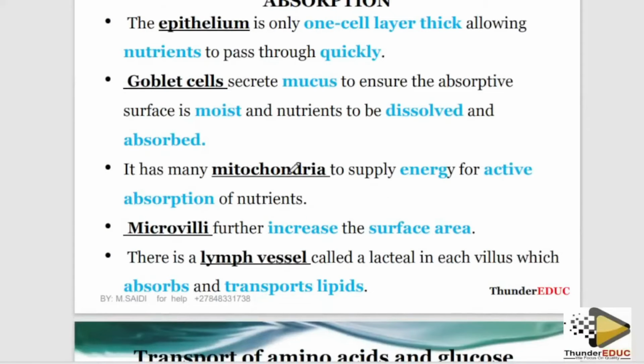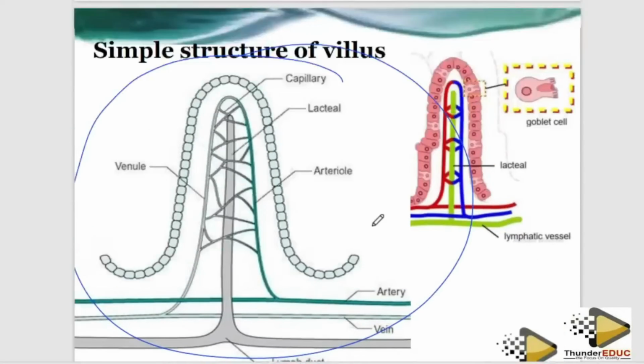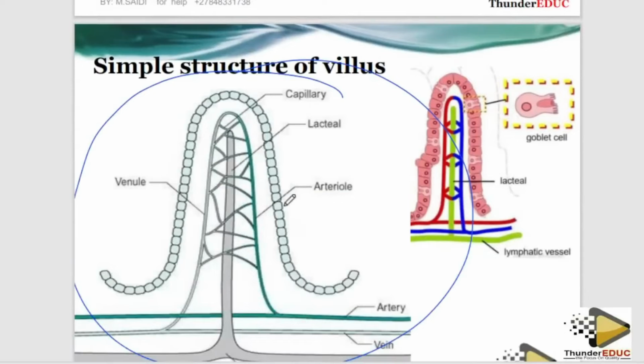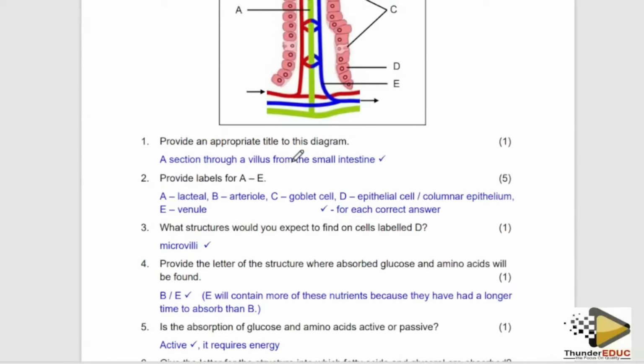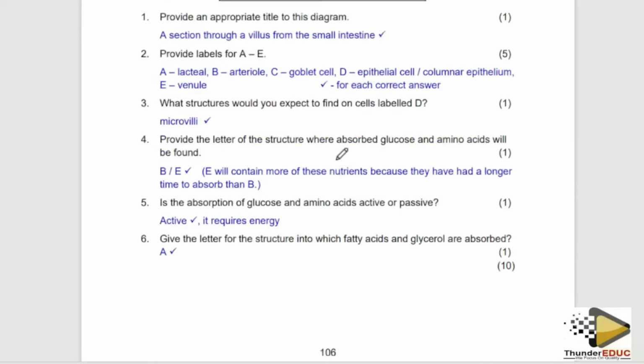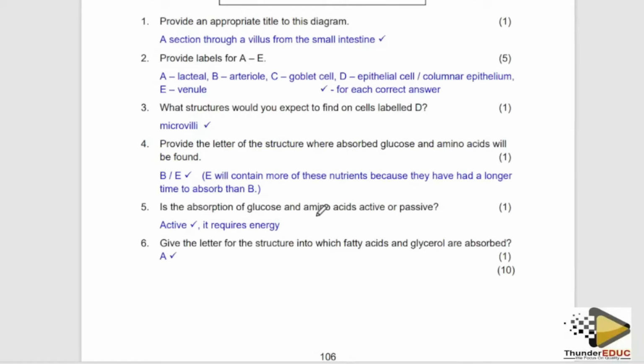Mitochondria: energy for what? Active absorption. Microvilli for what? Increase the surface area. Lymph for what? Transport lipids. Whenever we ask you, you can't just bring a diagram and then go to this question. Let me see if they didn't set a question here concerning adaptation.